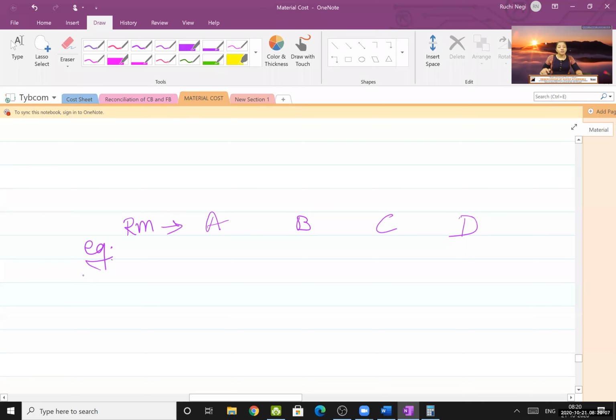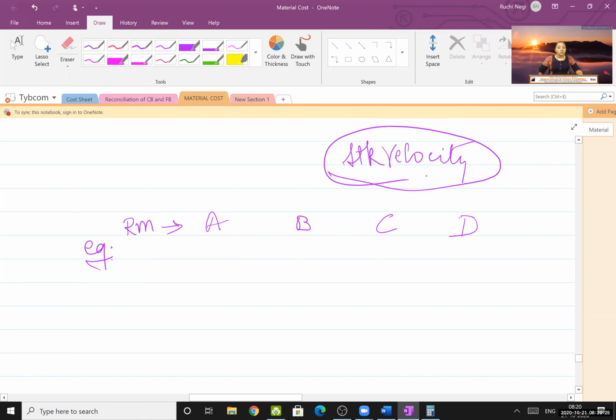I'm a manufacturer, and I have four different types of raw materials with me. Now, I hope you all remember this stock velocity. When you calculate stock turnover ratio, you do calculate stock velocity also. That means the speed at which the stock is being converted into sales. That is called stock velocity.